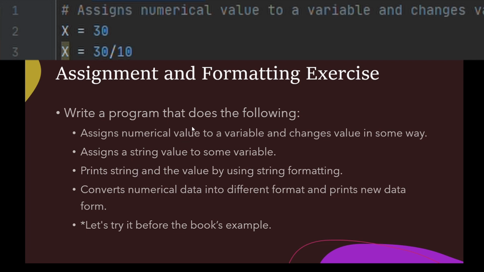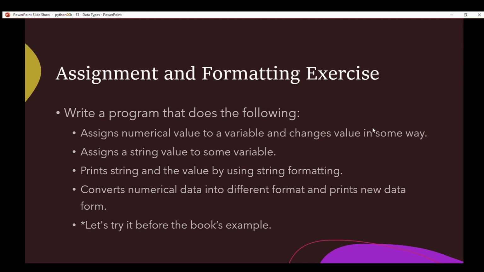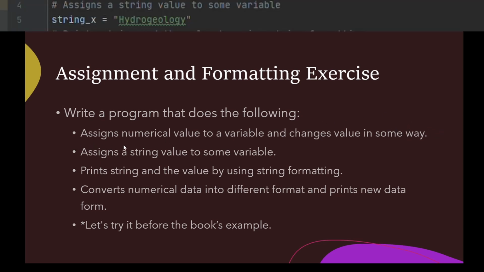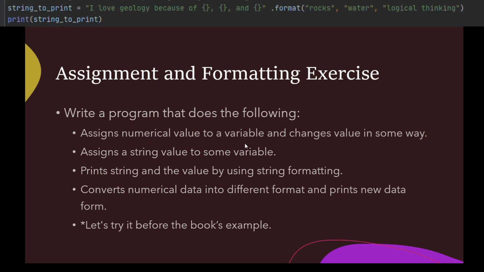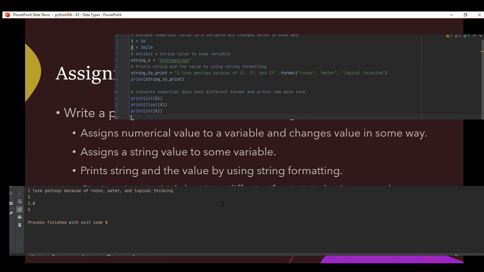So you would set x equals whatever, and then change that number again by dividing, multiplying, subtracting, or adding using one of the other operators. Then assign a string value to some variable. So you just create a string and assign it to a variable somehow, and then you print the string and the value by using the string formatting that we just learned. Then you convert the numerical data into a different format and print the new data form.